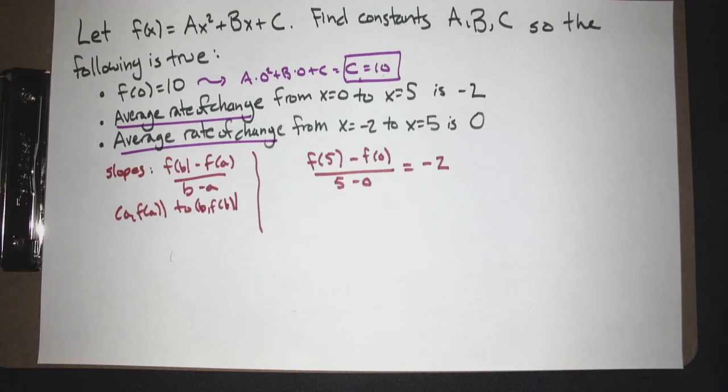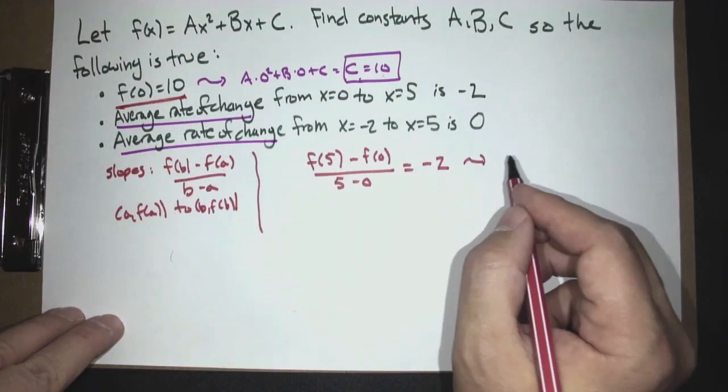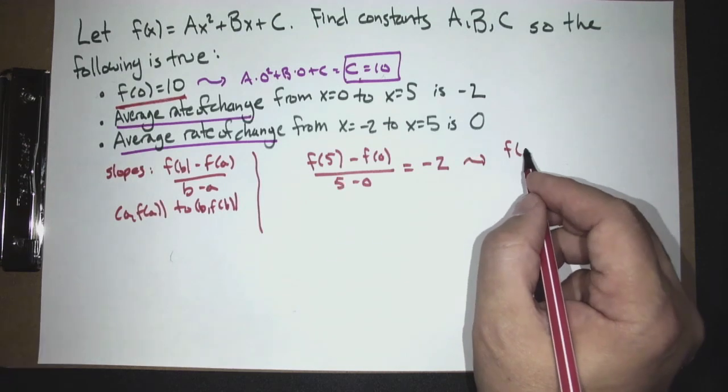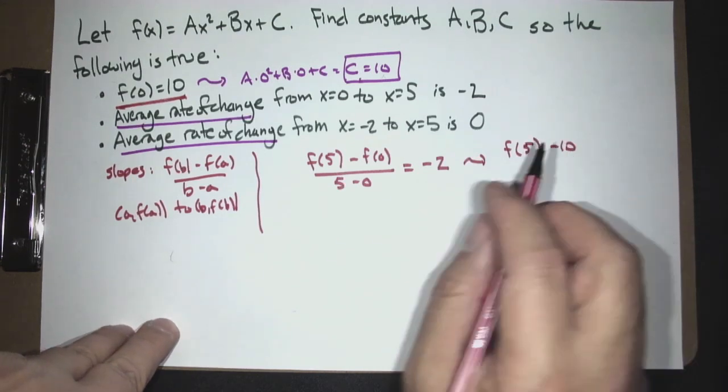Now, do we know anything about, say, f of 0? It equals 10. Cool. So this says f of 5 minus 10, divided by 5, equals minus 2.